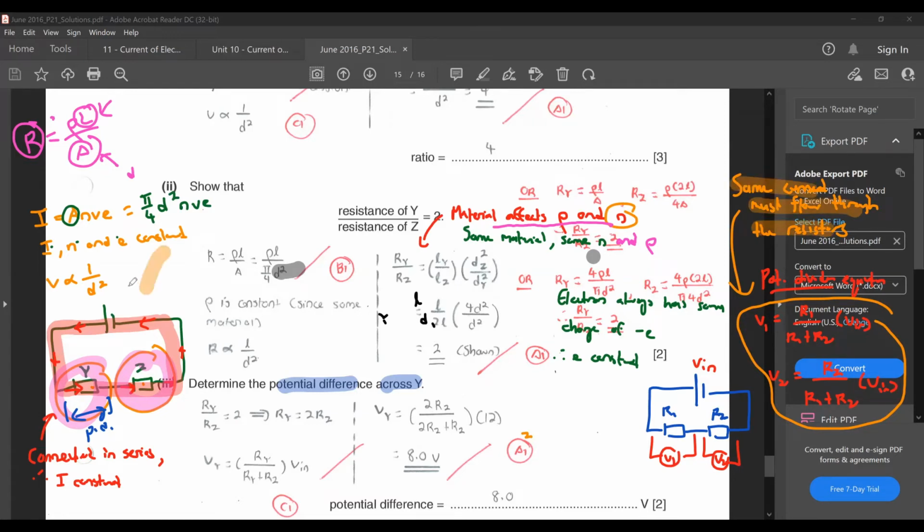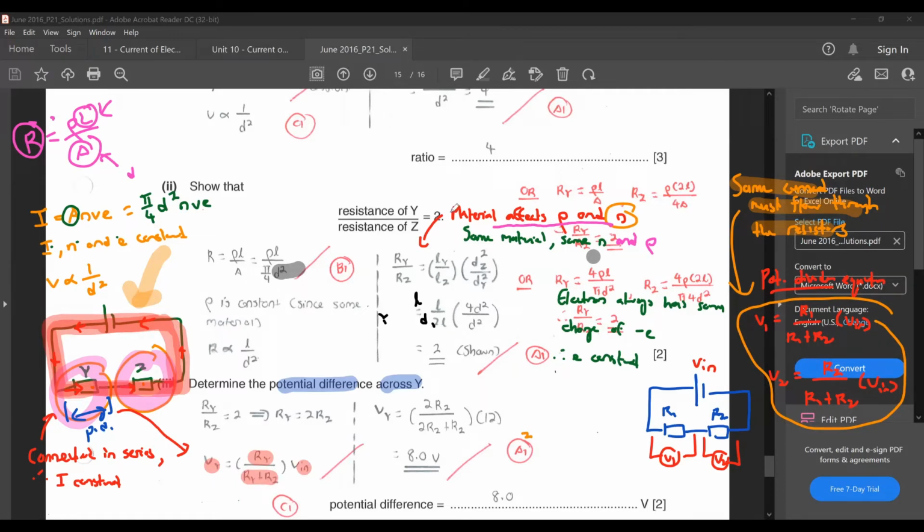If you look back at this diagram here, just now early on, I mentioned that the same current flows through Y and Z, because this one is a series circuit. So I know I can use the potential divider equation. So from here, I can say that the PD across Y would be Ry over Ry plus Rz times V in.